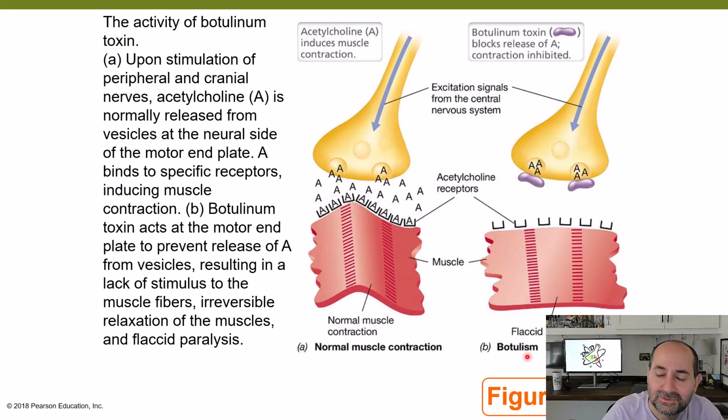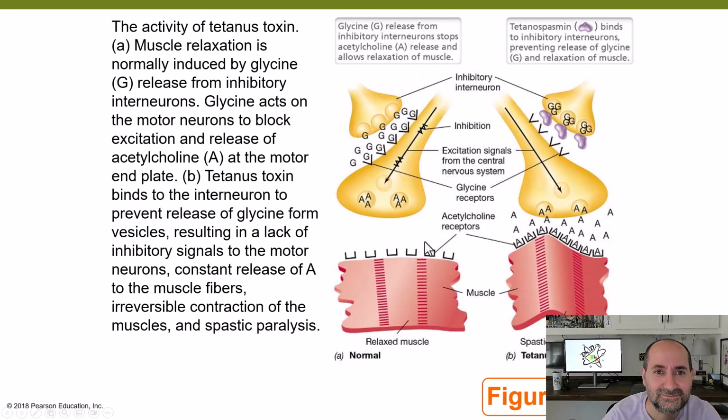So when people get Botox in their foreheads or in their face, this is the same toxin, and it causes this paralysis where you can't furrow your eyebrows, and you can't furrow your forehead and cause those wrinkles there, right? Isn't that interesting? Now let's explore the tetanus toxin, which has the opposite effect of botulinum toxin.